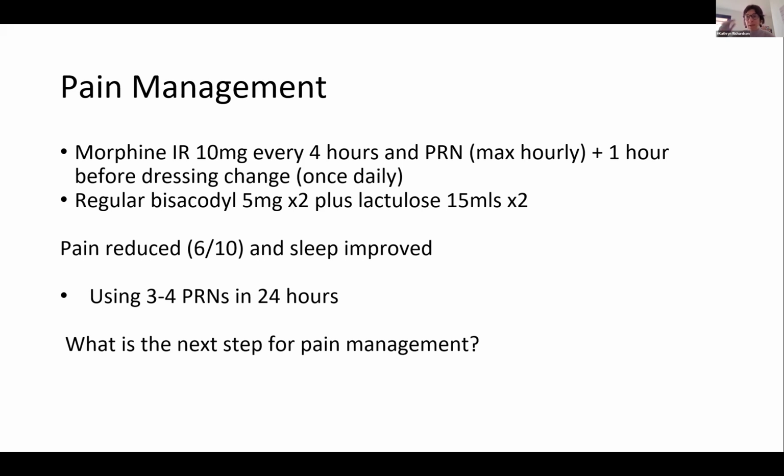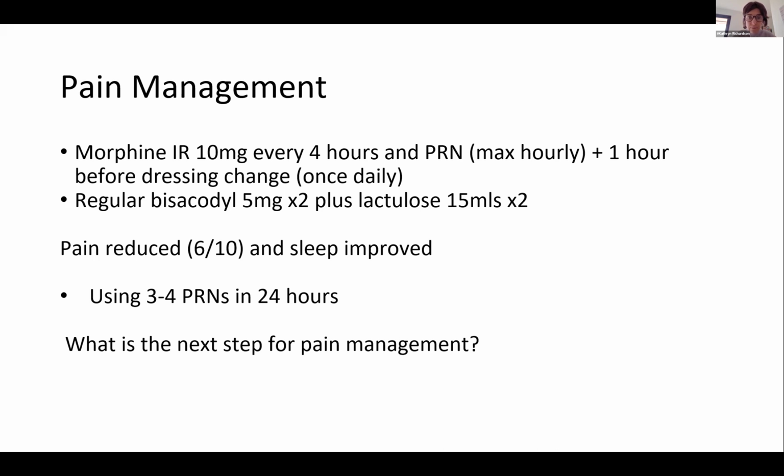Because otherwise you'll get peaks and troughs, right? So your pain relief will start wearing off at 4 hours. So you'll leave someone exposed for the next 2 hours till they had their QID morphine after that. So we give it 4-hourly unless there's a good reason to increase the frequency of the dosing, like liver impairment or renal impairment.